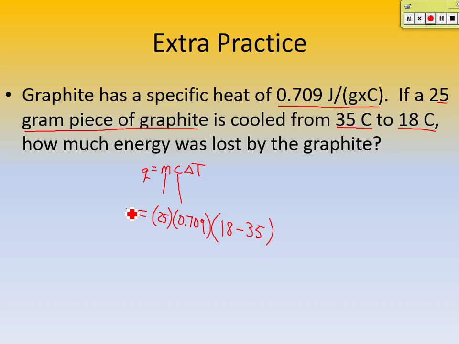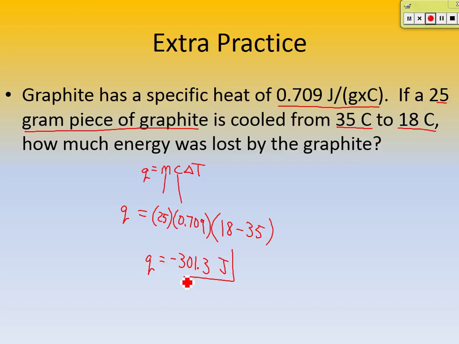Okay, all of that is going to be equal to the heat, Q. So let's solve it. 25 times 0.709 times 18 minus 35. Okay, so Q, this is what I'm getting, is equal to a negative 301.3. What are my units for Q?